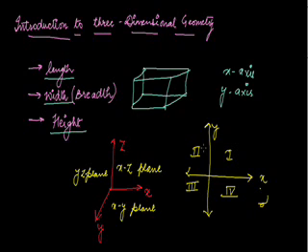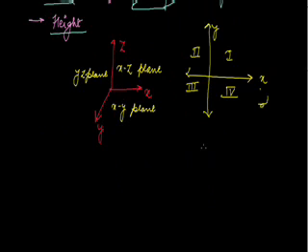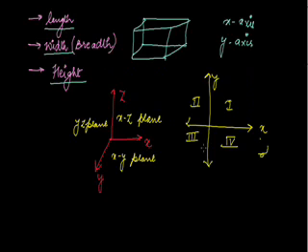So now we have three axes, and the plane which contains x-axis and z-axis is known as the xz plane, the plane which contains y-axis and z-axis is known as the yz plane, and the plane which contains x-axis and y-axis is known as the xy plane.